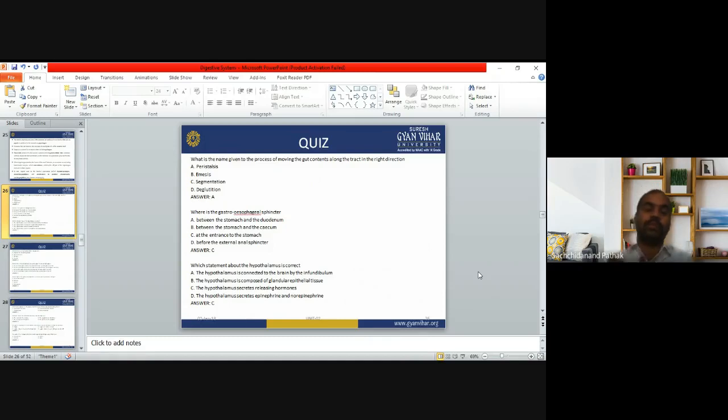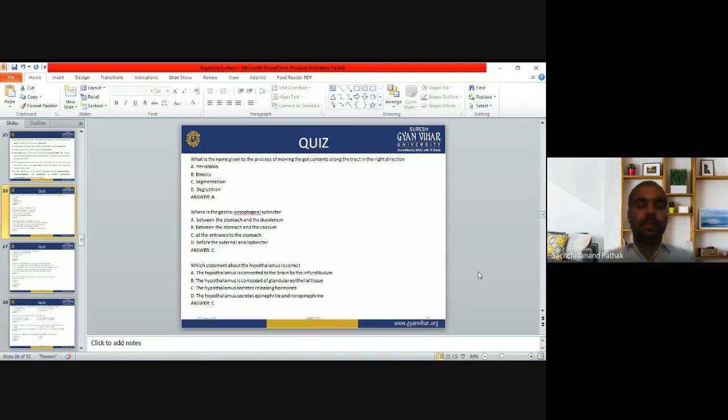That is too far. Cecum, colon, rectum are large intestine parts. It cannot be correct. C, at the entrance of the stomach, where the esophagus connects to the stomach. Or before the external anal sphincter? It is not possible. It's the anal sphincter. So answer C is correct, at the entrance of the stomach.